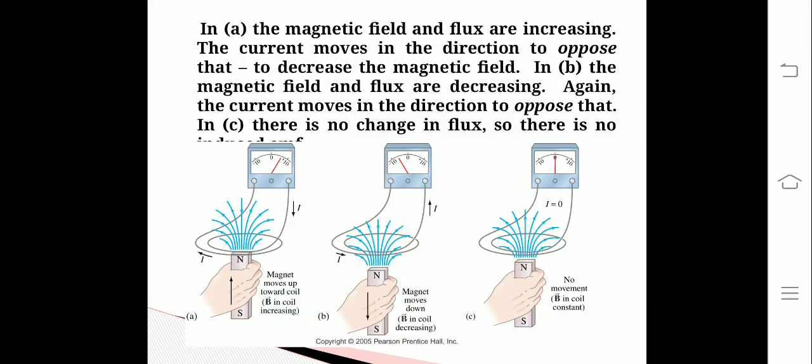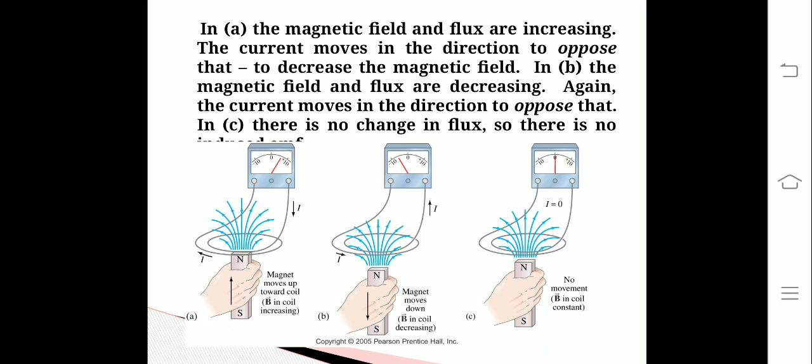Here I am showing some examples of Lenz's law. In figure A, the magnetic field and flux are increasing. The current moves in the direction to oppose that, to decrease the magnetic field.